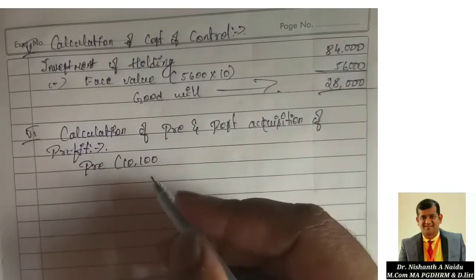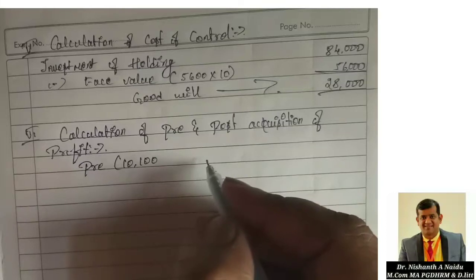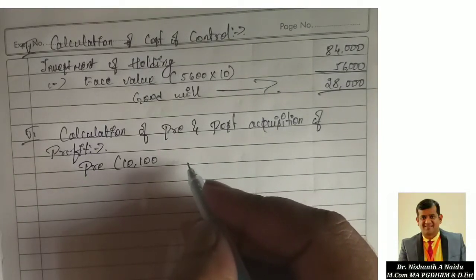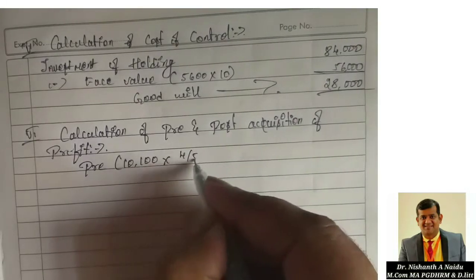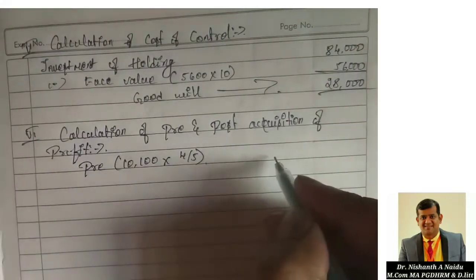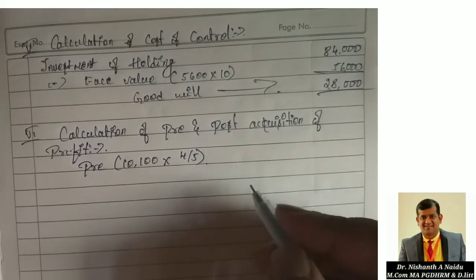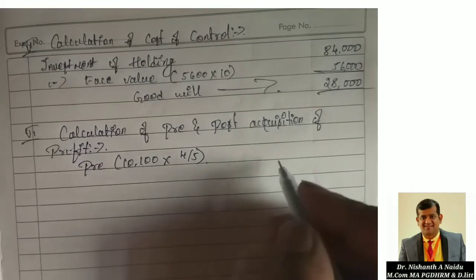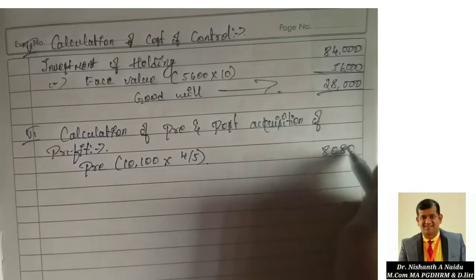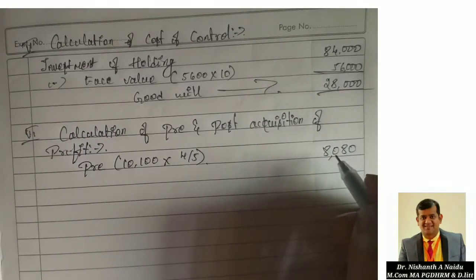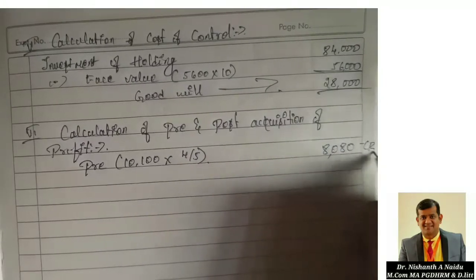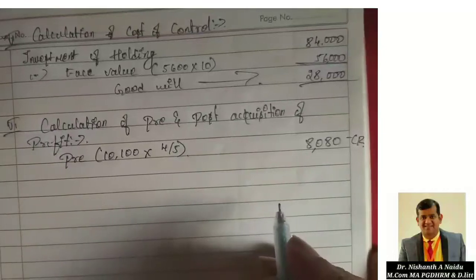So I am taking that from working note number 3. You can just check. 10,100. So the majority is how much? 4 divided by 5. So we are going to calculate 10,100 into 4 divided by 5. So that is 8,080. 8,080. Okay, so this should be transferred to capital reserve account. You should always remember that.